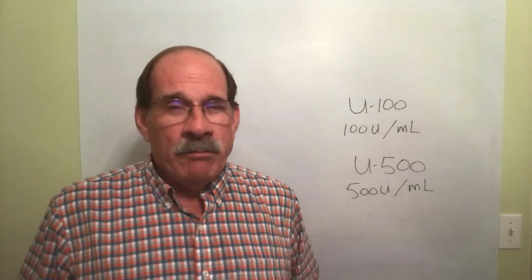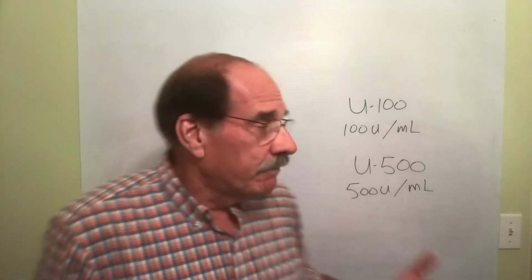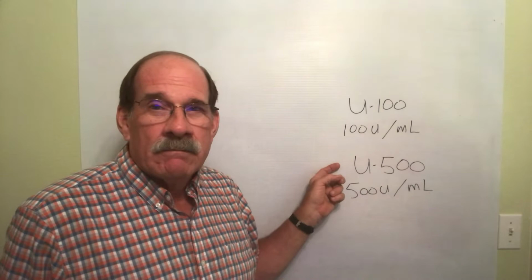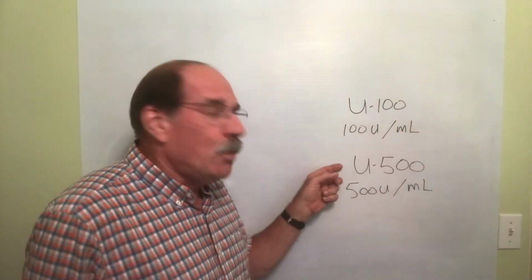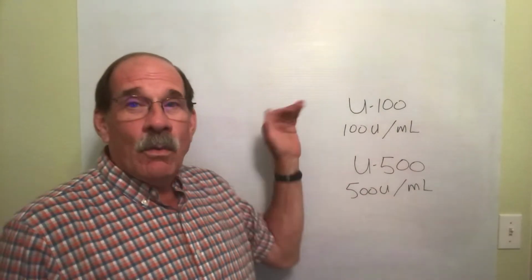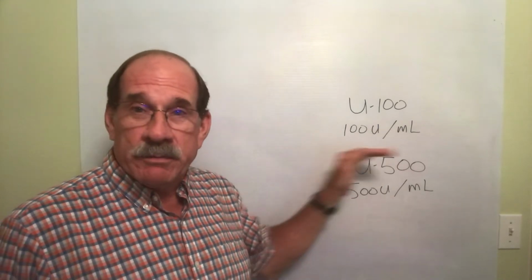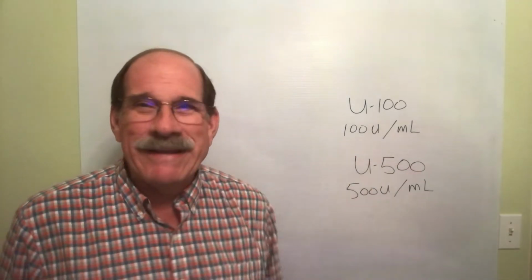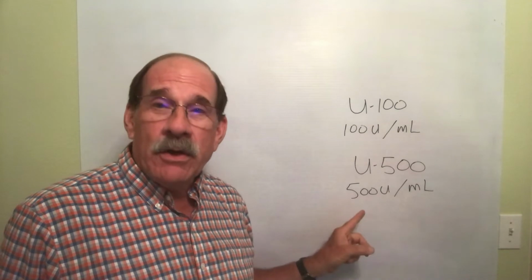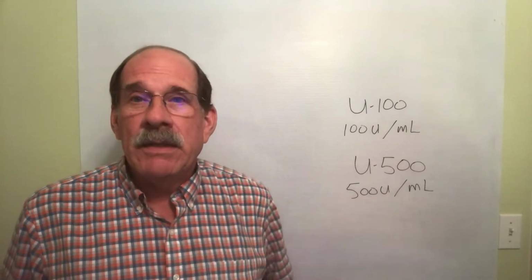Now, growing in popularity, in one sense, is this new kind, fairly new. The new kid on the block. U500, well, duh, if U100 means there's 100 units per milliliter, guess what U500 means? Yes, there are 500 units per milliliter.